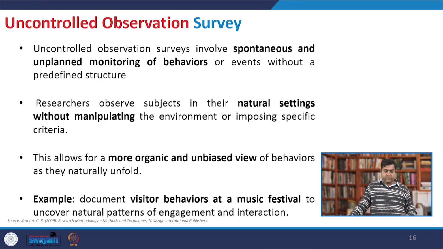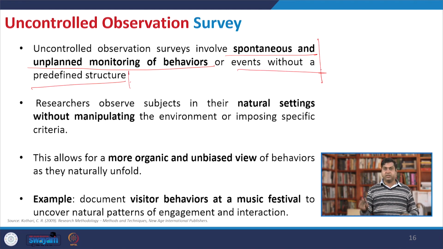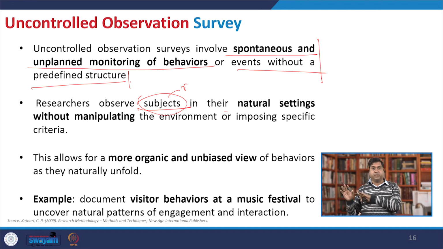Uncontrolled observation survey. Uncontrolled observation survey involves the spontaneous and unplanned monitoring of behavior without any predefined structure. So this is something which is happening in real life. There is no control on this experiment. Researchers observe the subject, or in this case the sample.